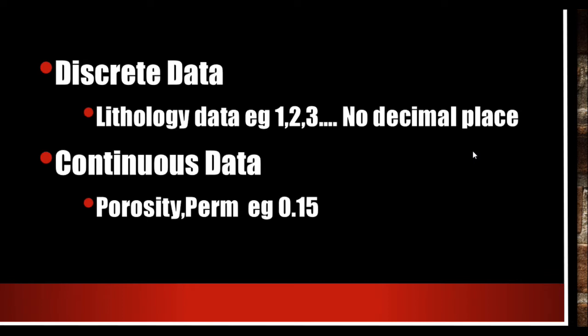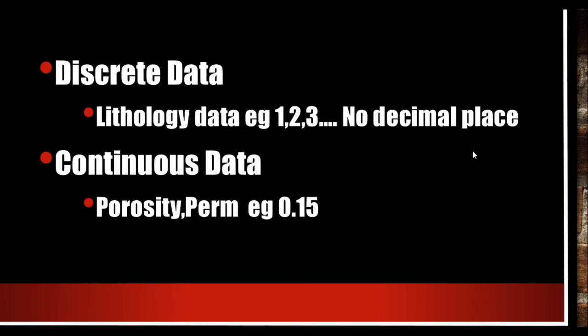Continuous data are data like porosity or permeability. For them, you can get any kind of value. For example, porosity might be 0.15, or 0.2, or 0.18. Those kinds of data we call continuous data.